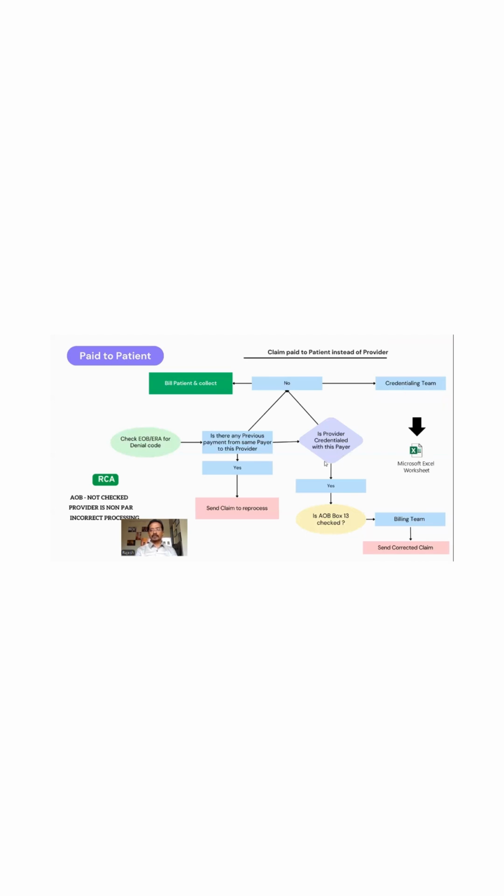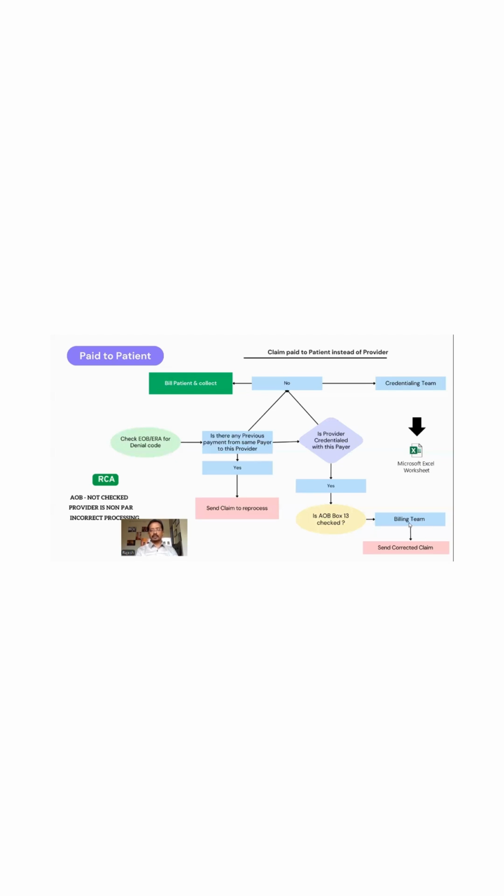The second case is when the provider is participating, but we are still getting this denial. You check box number 13, whether the acceptance of benefits has been checked or not. If it is not checked, that is your problem. Since you are not accepting the benefit, the insurance company is not going to pay you; they are going to pay only the patient.